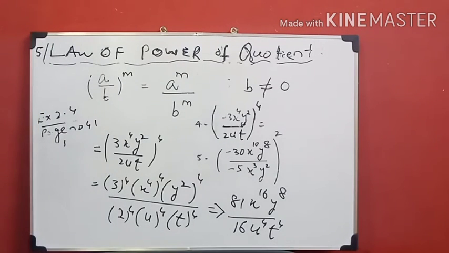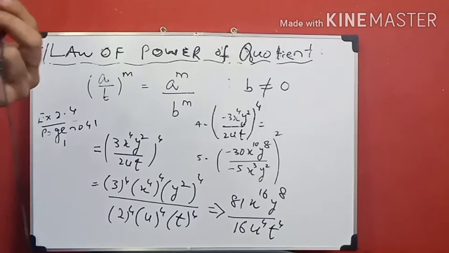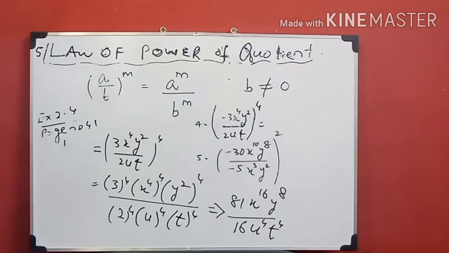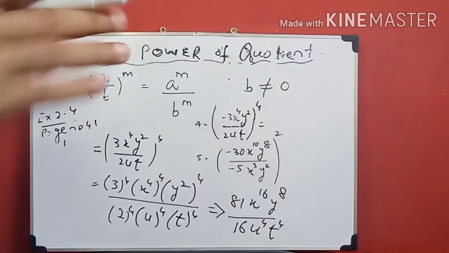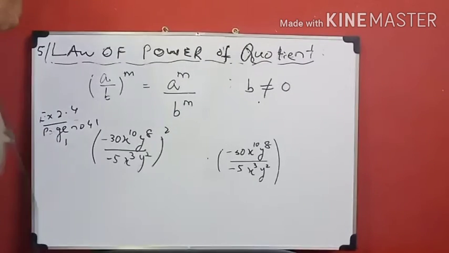The last questions we solve here, and then the whole of exercise 2.4 on page number 41 of your book you must complete. Okay, now come to question number 5, in which both the denominator as well as the numerator have the negative sign.